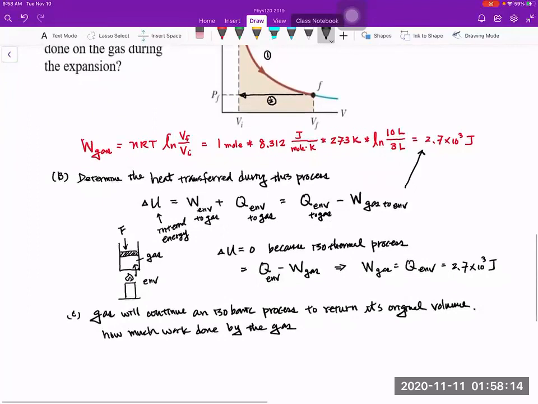Well, for isobaric, we just showed how the work is done. The work is simply just the area, this area that you are looking at.